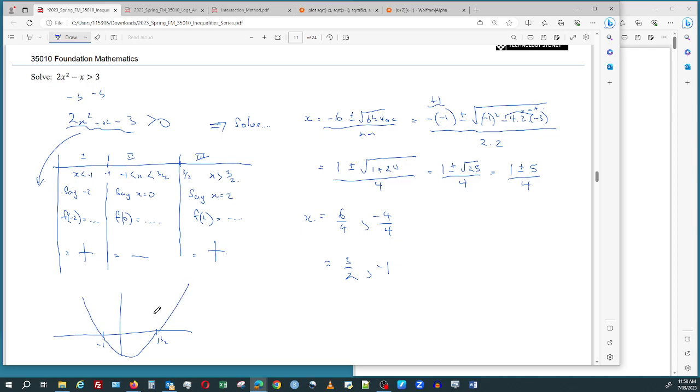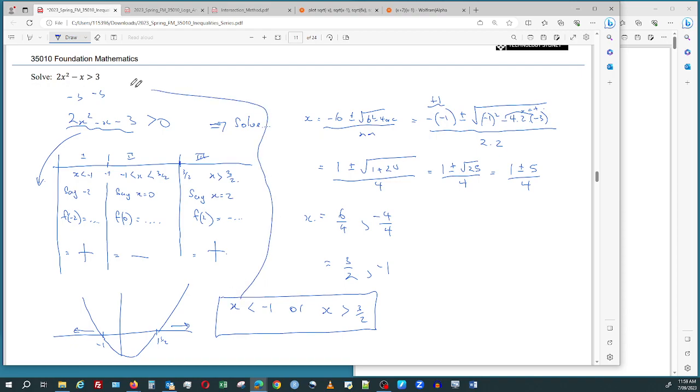Now, which one applies? Okay, so we need to get the solution for the form. So in order for this to be true, it's got to be positive, so we're going to have everything from that point on and everything from that point on. So x has got to be less than minus 1, or x has got to be greater than 3 on 2. Okay, so it's an OR result. So that is the solution to this inequality.